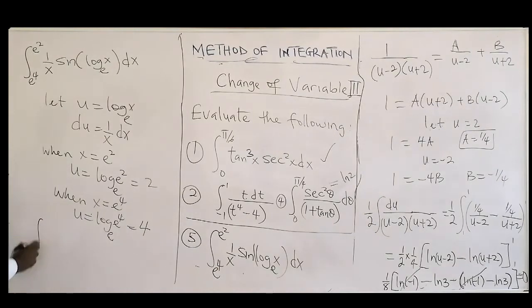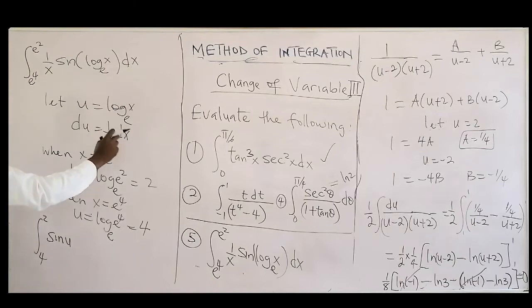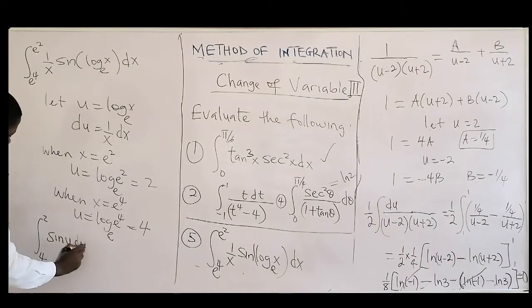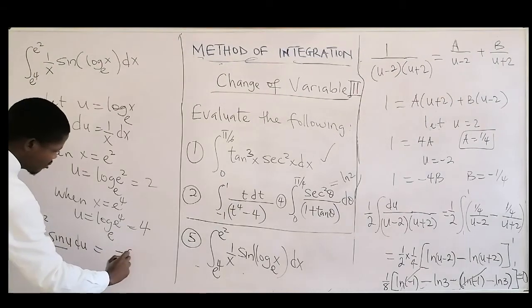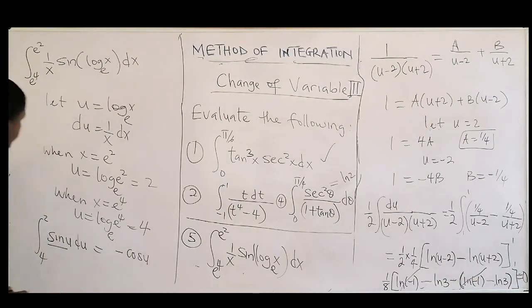So we now have 2 here, 4 here, and this is sine u, and then 1 over x dx is the du.